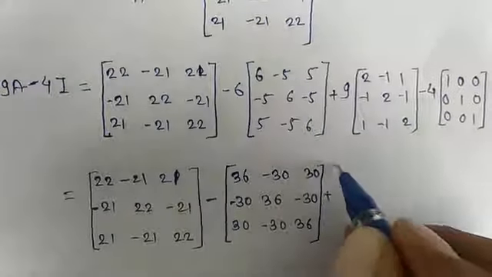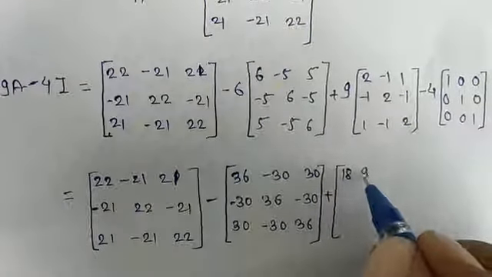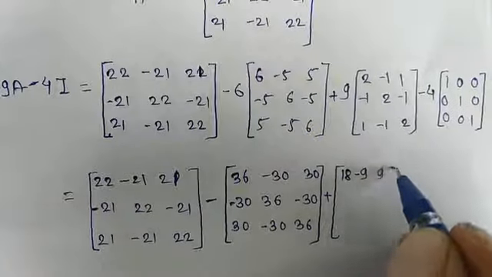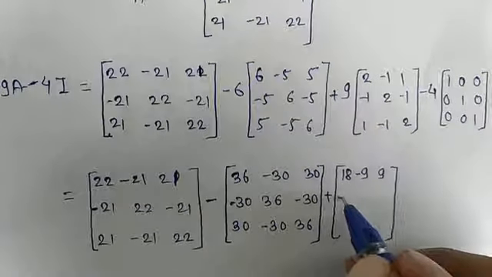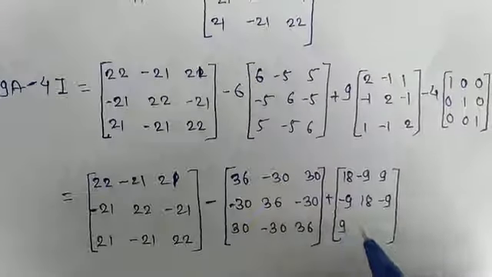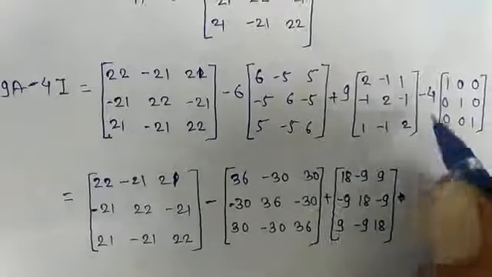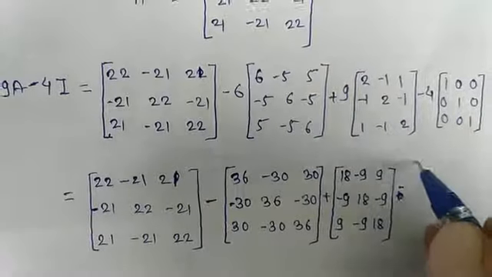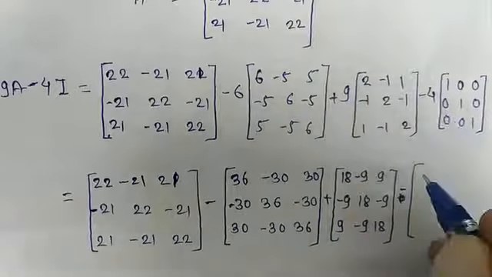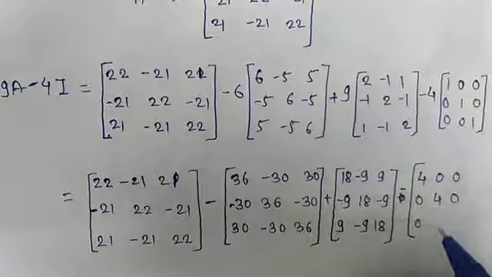We have to multiply 9 inside, so it is 9 twos are 18, minus 9, 9, second row minus 9 18 minus 9, 9 minus 9 18. And last we have to multiply 4 inside, where it is minus into bracket, which is 4 0 0, 0 4 0, 0 0 4.